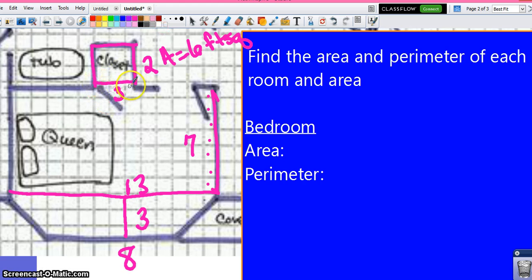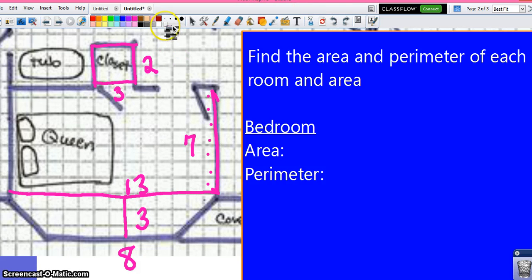That's 3 squares, 5, 3 more, and 2 more, which gives you a total of 10. So the perimeter is 10 feet. That part is easy for something like the closet because it's a perfect square.